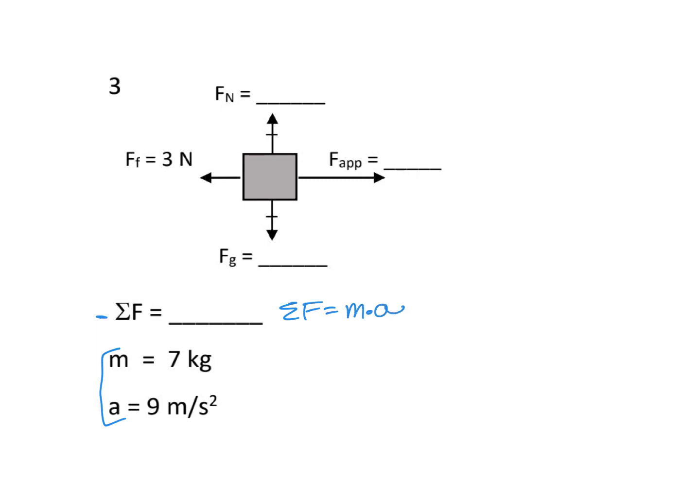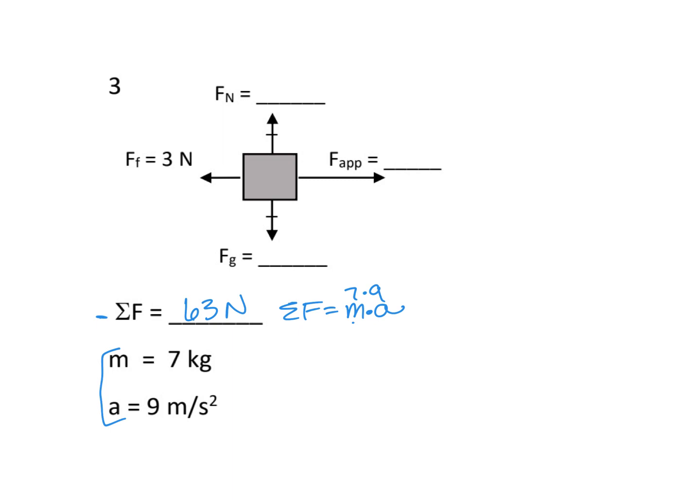You have all three ways of solving it up on the top, and you also have the triangle. So the mass is 7. The acceleration is 9. So 7 times 9 gives me a net force of 63 newtons.